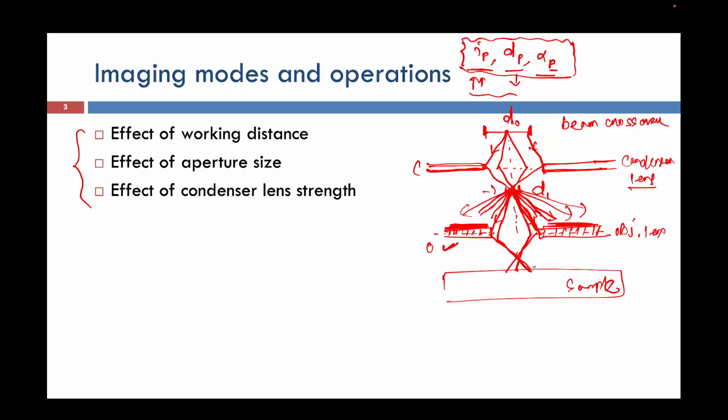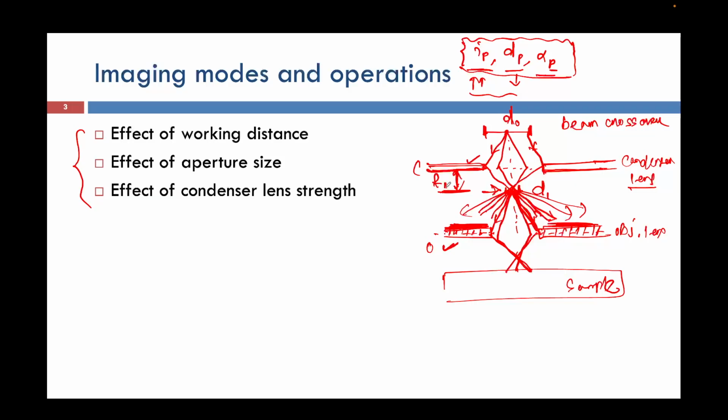Okay, so for now we will define some of the terms first. From the first beam crossover to the next crossover, since this condenser lens is focusing all the rays to this point, this one will be known as the focal length of this condenser lens.